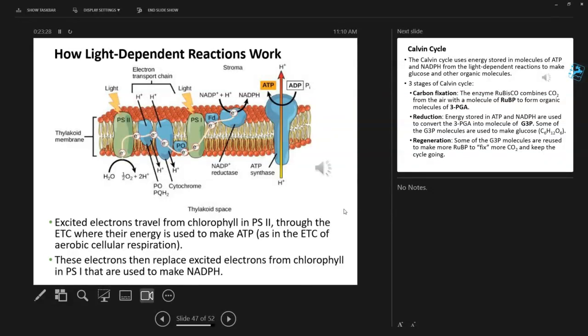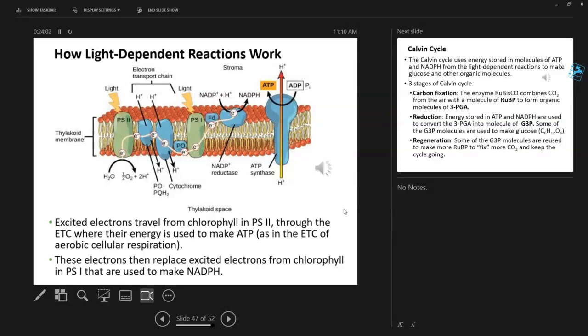So there's photosystem 2 and photosystem 1. And this seems backwards: photosystem 2 happens first, and then photosystem 1. I'm not sure why they got named that way. I read that this one was discovered or figured out first, and then this one, but that still doesn't make sense that they would number them that way.